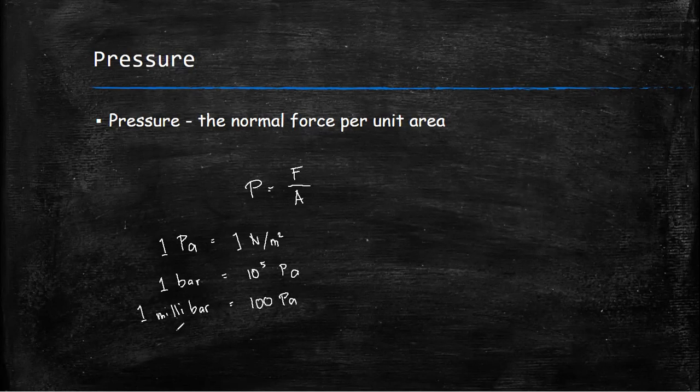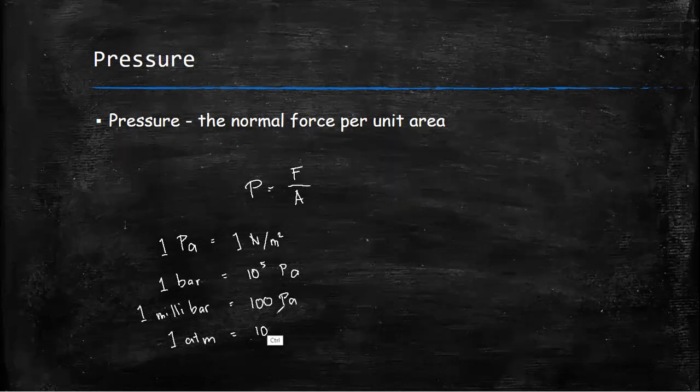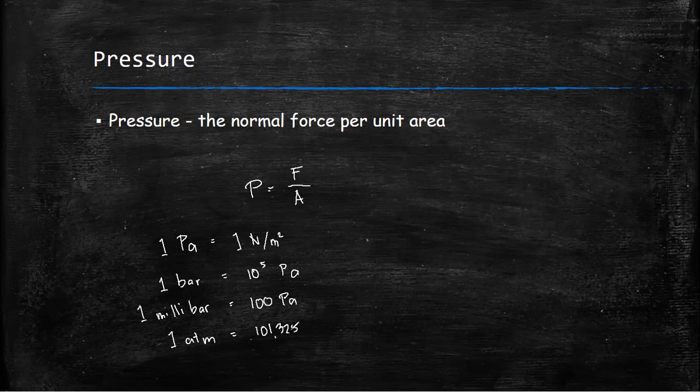Another unit used for pressure is the atmospheric pressure, wherein 1 atmosphere, or 1 atm, is equal to 101,325 Pascal.